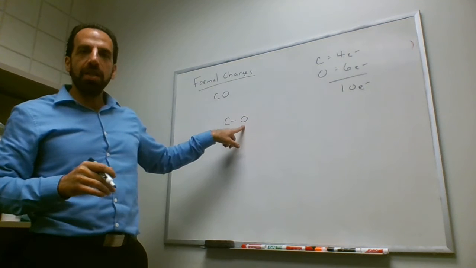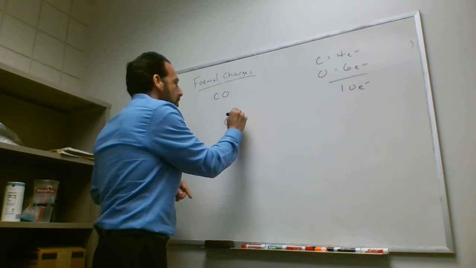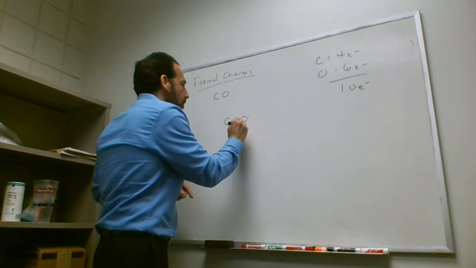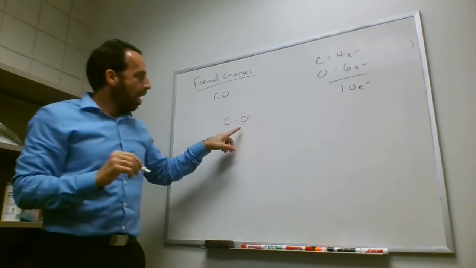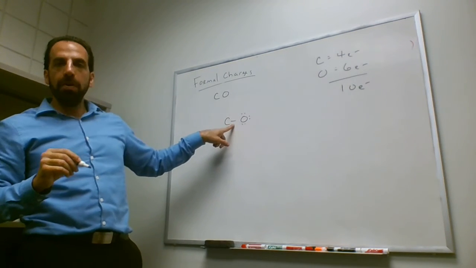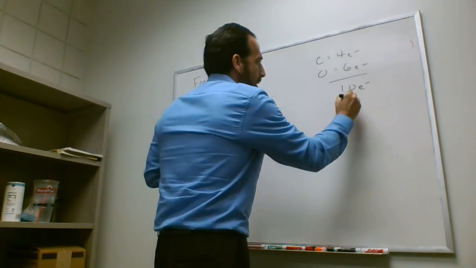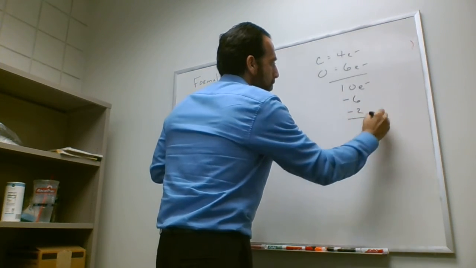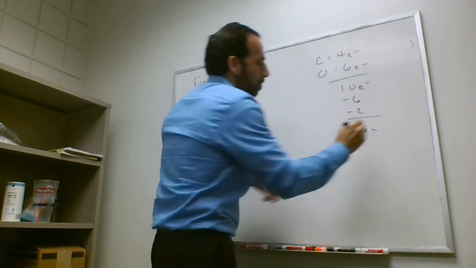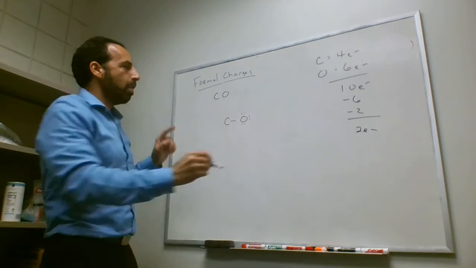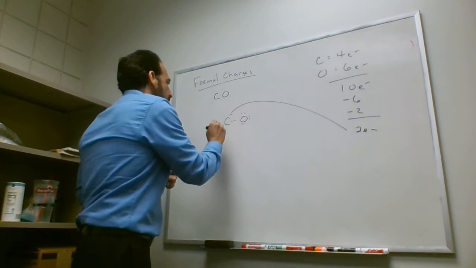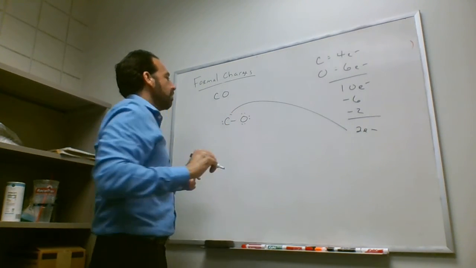I'm going to put 6 electrons around oxygen: 1, 2, 3, 4, 5, 6. So I've used up 6 electrons plus 2 for the bond. Minus 6 minus 2, I have 2 electrons left that have to go on carbon.